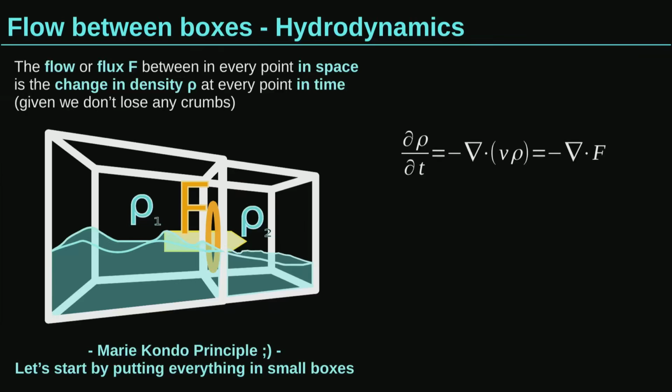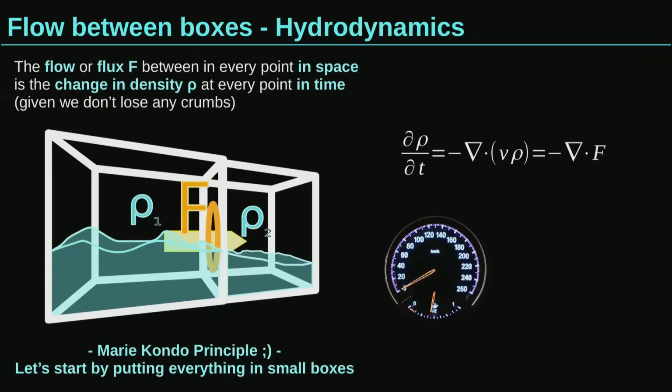So if we write this in math terms, it looks like this. This says the time derivative of the density, meaning the change over time. So how much faster or slower you go, that velocity would be a change in time.